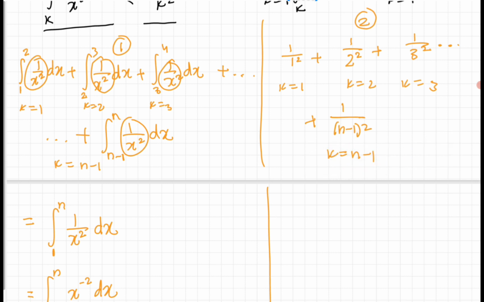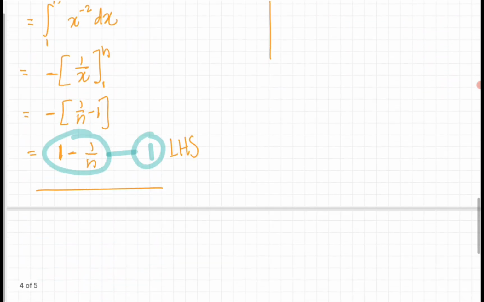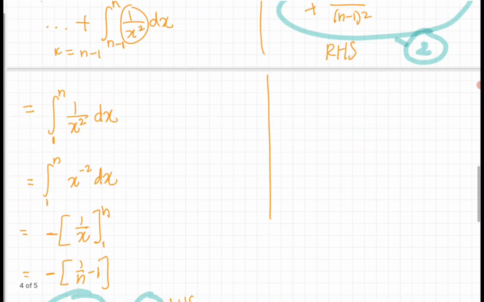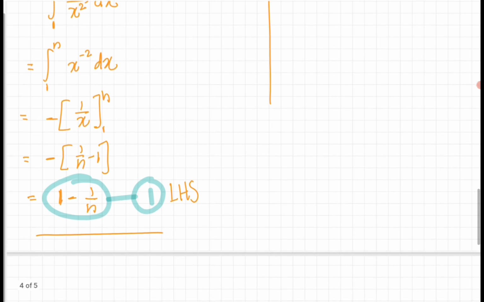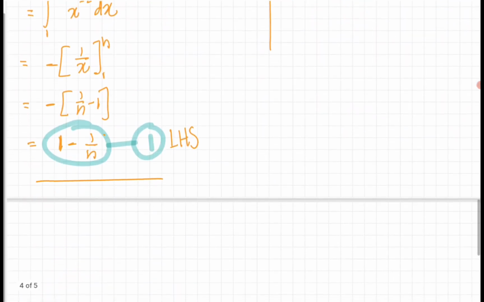This whole thing was the right-hand side. Now, we see that the right-hand side was greater than the left-hand side, so let's say that this whole thing is greater than this thing.